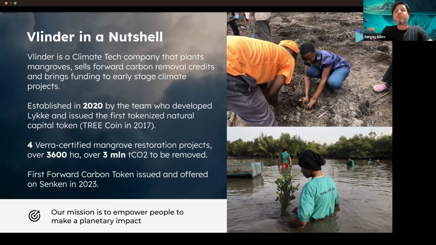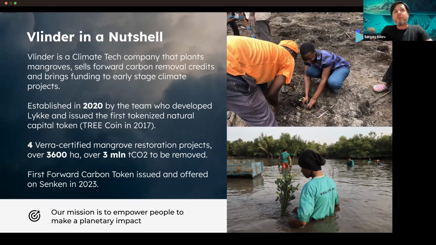It helped raise, I think, about $1 million, which was spent on restoring the mangrove forests in Myanmar and also on the Vera certification process. This was a very crucial moment for the project. They were barely surviving, and this money helped them not just survive, but scale up. And this is now a very big developer, one of the largest in the world. So I'm proud to be part of it.